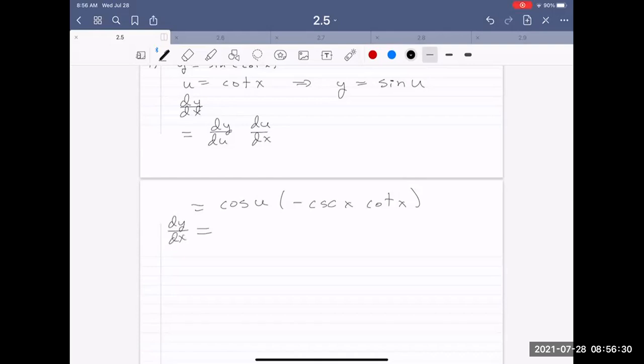So I have to plug in what u is. Well, and so this is equal to minus cosine of cotangent x, times everything else, cosecant x, cotangent x. And that is my derivative.